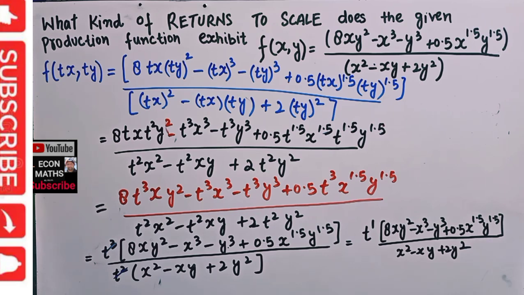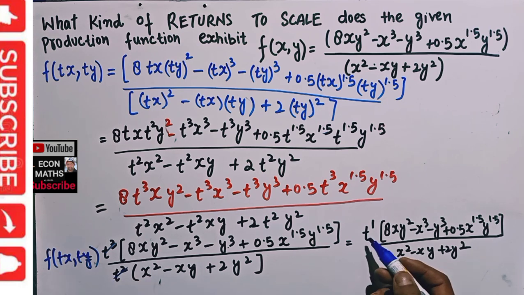Here you can see when each factor was, it is actually f of tx ty. When each input was increased by a factor t, output increased by a factor t raised power 1.